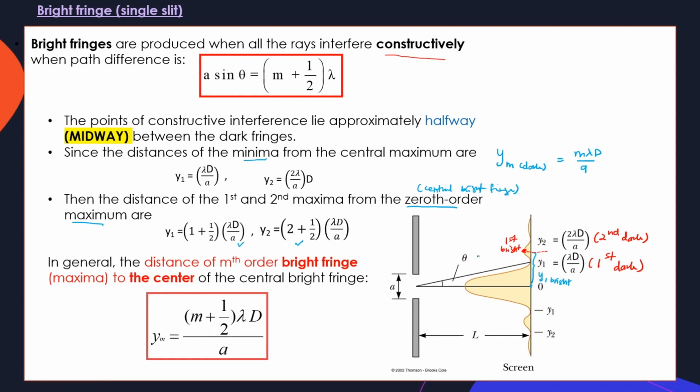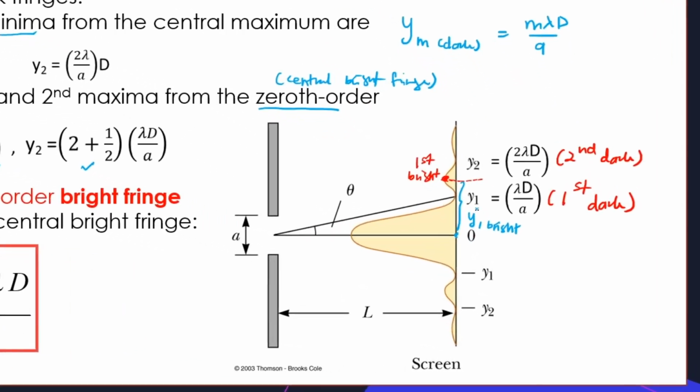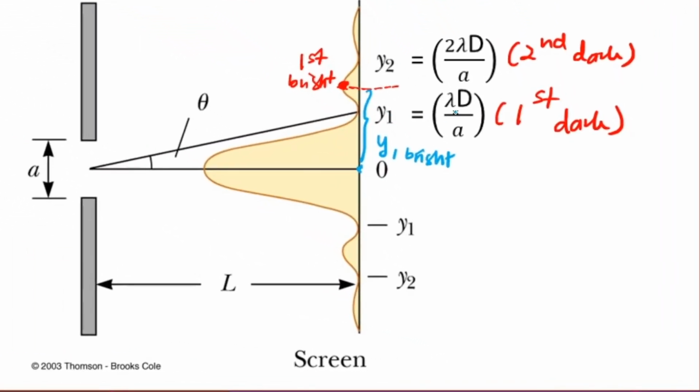Okay, so now if the distance from 0 to y1 dark is lambda d over a, therefore y1 bright can be written as lambda d over a plus, okay, lambda d over a is the distance from here to here, and from here to here also lambda d over a. Okay, so we know that from here to here is lambda d over a.